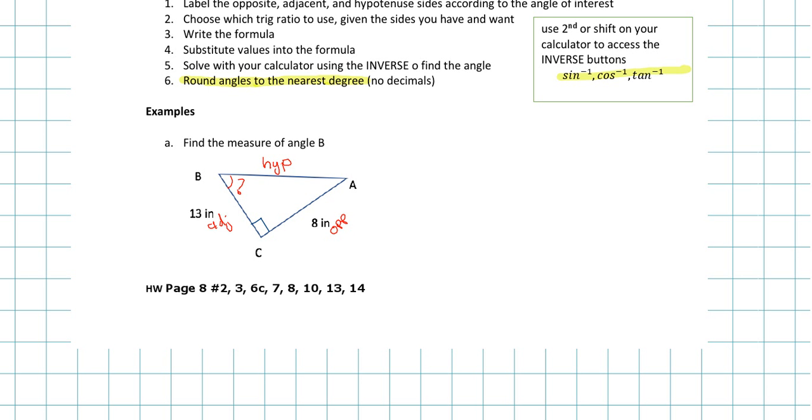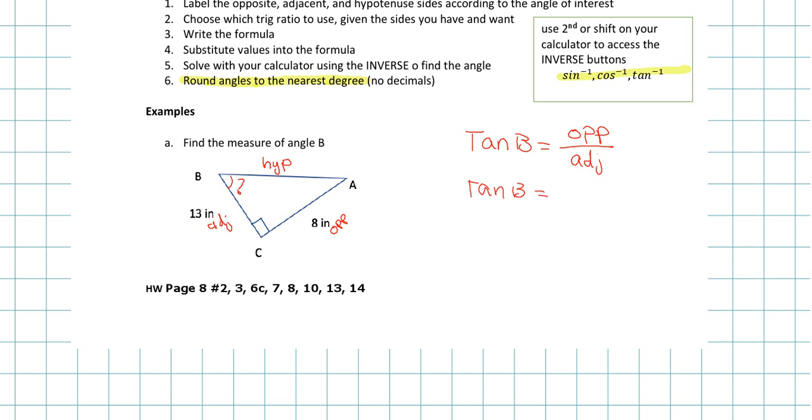All right, so we said that it's tan, and the formula is tan B equals the opposite over the adjacent. I don't know what angle B is. My opposite is 8, and my adjacent is 13.